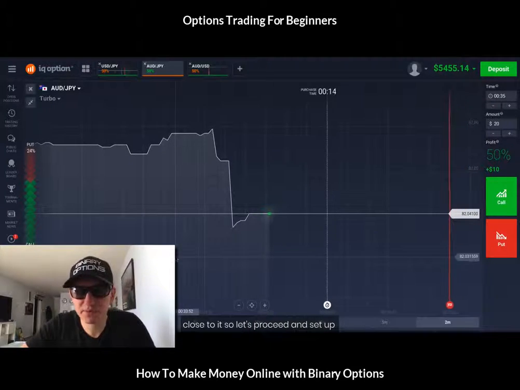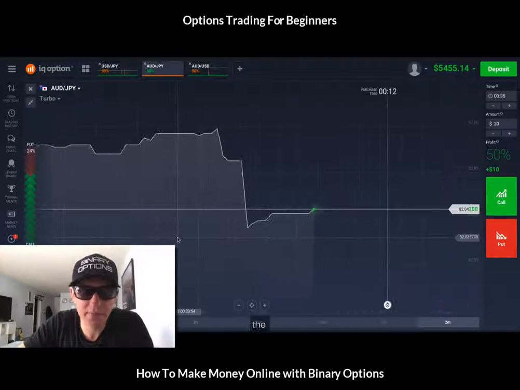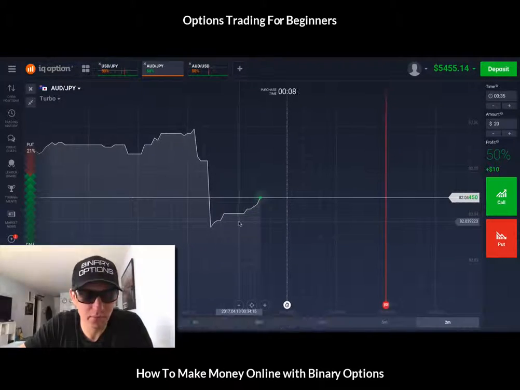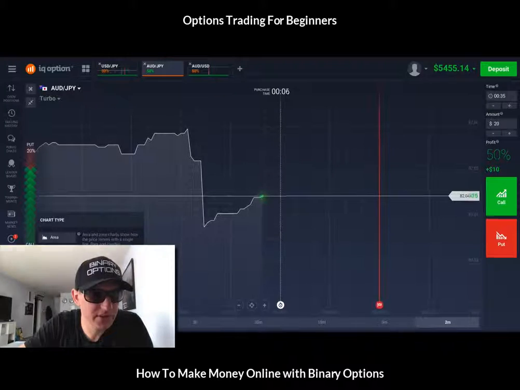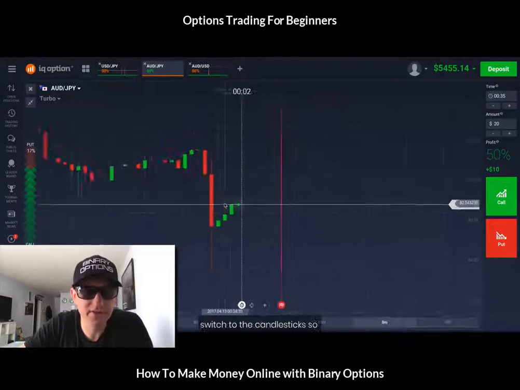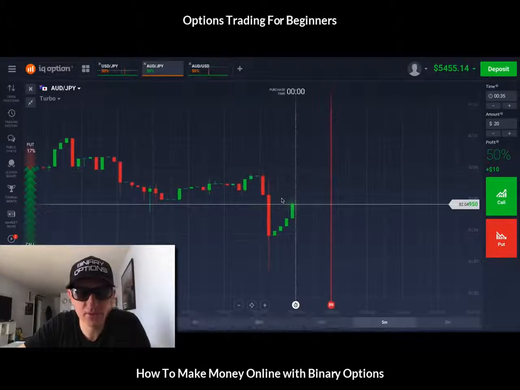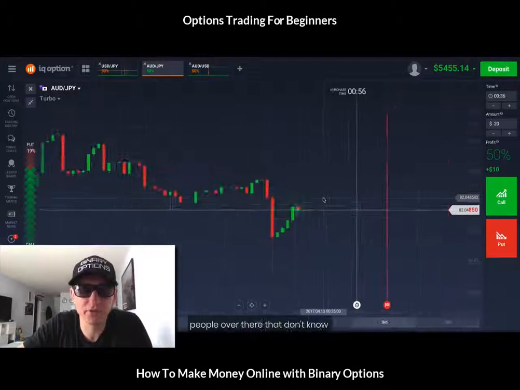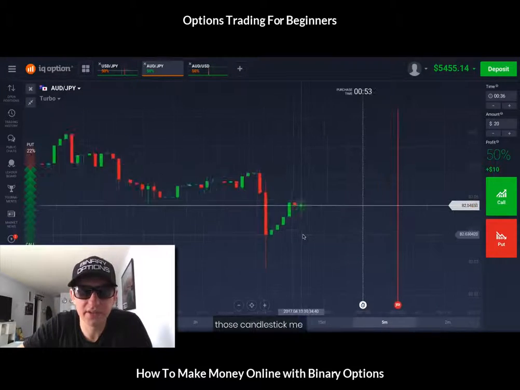So let's proceed and set up the proper trading settings. I'm gonna switch to the candlesticks. For the newbies, I know that there are some people over there that don't know what those candlesticks mean.